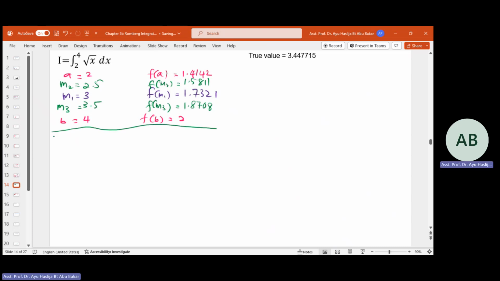Okay, next step, step 3, to find the 0 to 2 integration, K equals 1. Okay, how? Using the trapezoid equation.